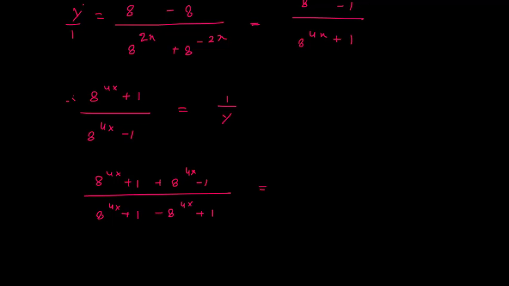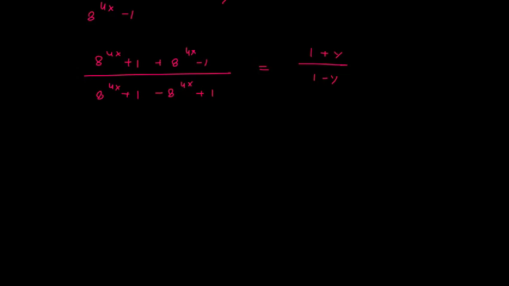This minus minus will become plus, equals (1 plus y) upon (1 minus y). Plus 1 minus 1 will cancel, so this will become 2 into 8 power 4x, divided by 1 plus 1, which is 2, and here we have (1 plus y) divided by (1 minus y).